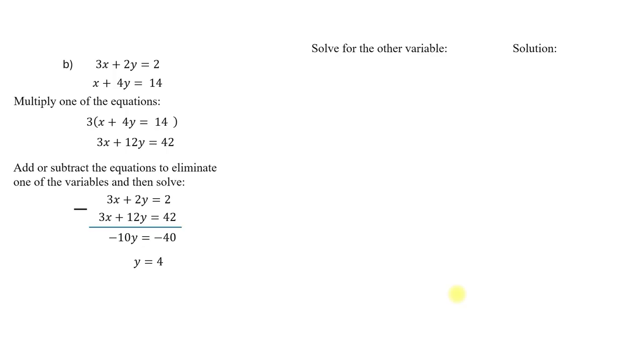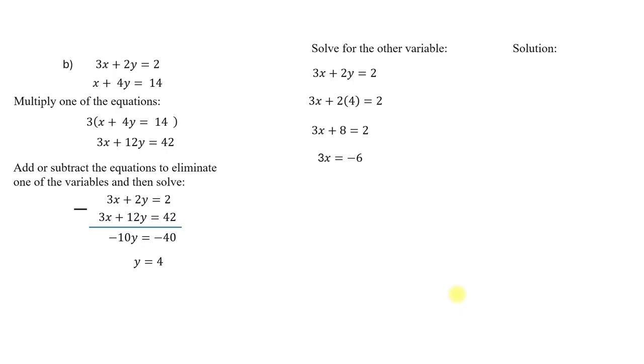We'll take that y value of 4, we'll plug it back into one of the equations from the top. That'll give us 3x plus 2 times 4 equals 2. That reduces to 3x plus 8 equals 2.